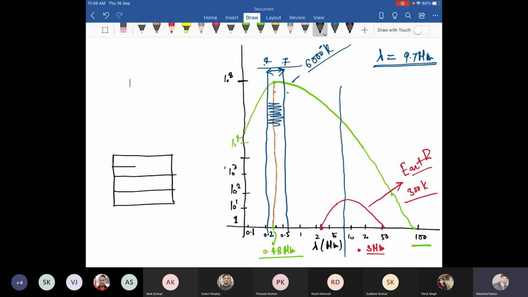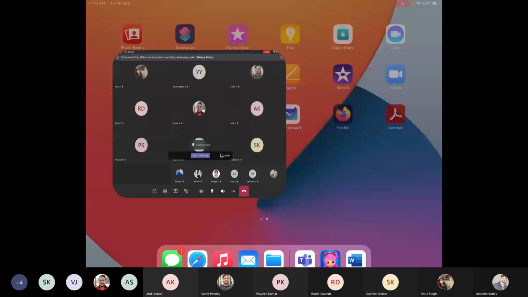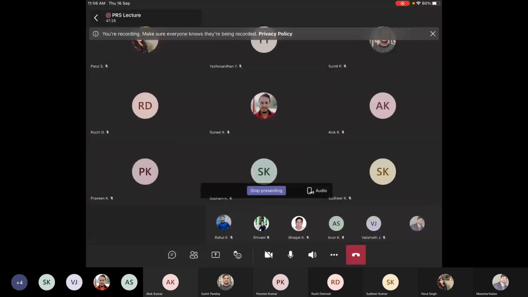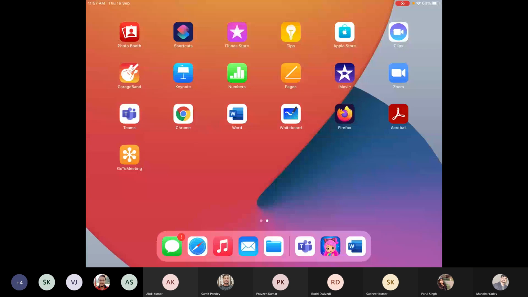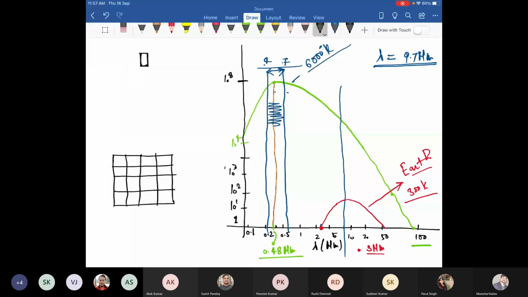A satellite-based sensor is looking towards Earth's surface, and this sensor is designed at a sensor frequency of 1 micrometer, having bandwidth 1.5 micrometer.